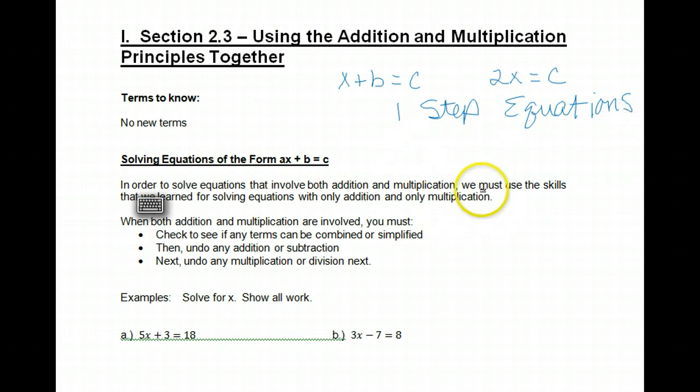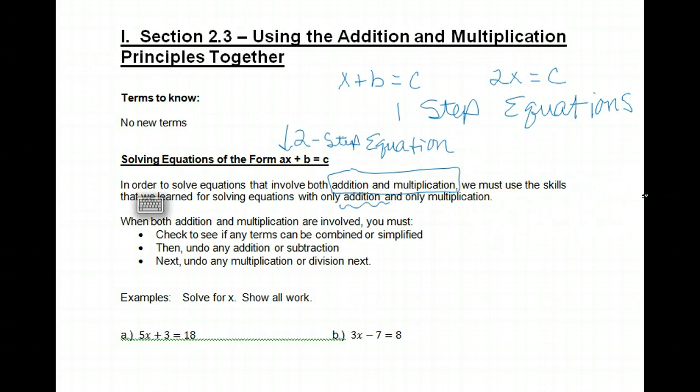What we're going to be moving on to now are equations that contain addition and multiplication. So these equations, the ones that are in the form of ax plus b equals c, are often referred to as two-step equations because we are going to need two steps before we solve for our variable.